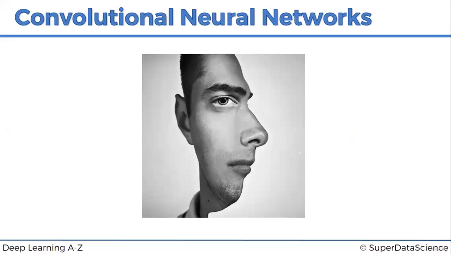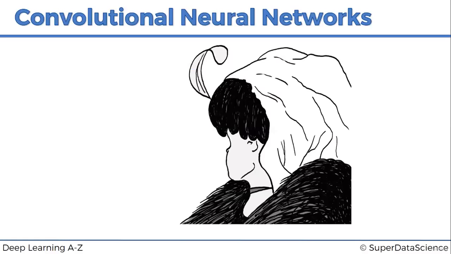When you look at the right side of the image, you see certain features of a person looking to the right, because they are closer to your center of focus, and therefore your brain classifies it as a person looking to the right. When you look at the left side of the image, you see more features of a person looking at you, and therefore your brain classifies it as such.